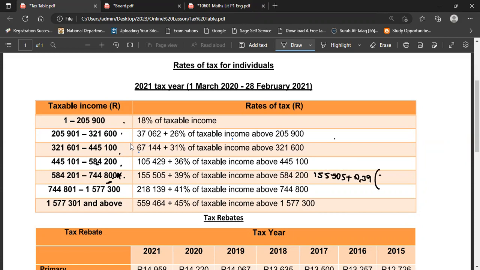Now you bring the taxable income that you've just got, minus the number which is already inside the bracket.